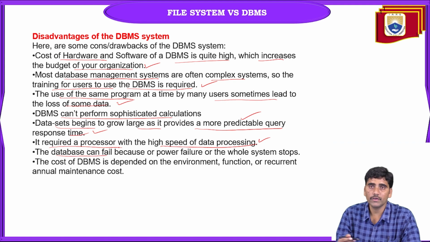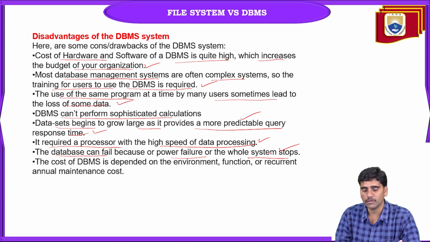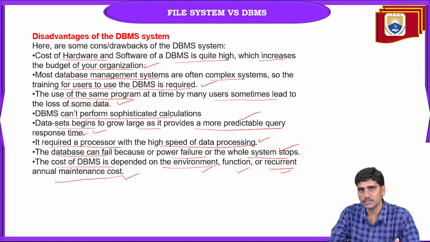The database can fail because of a power failure or if the whole system stops. The cost of DBMS depends on the environment, on function, or recurrent and annual maintenance cost. So these are some disadvantages of the DBMS system.